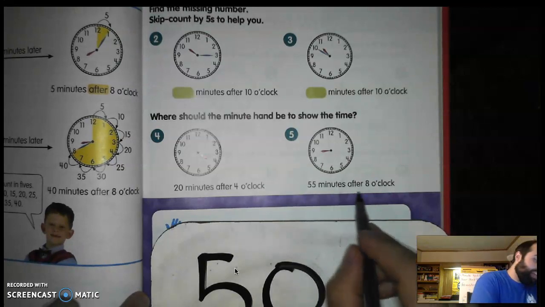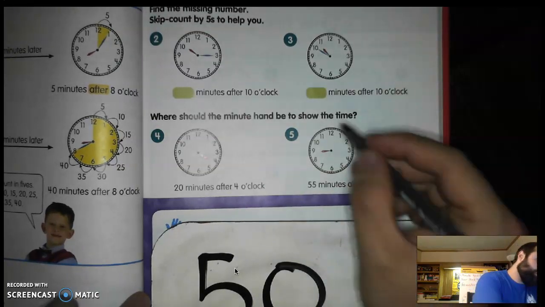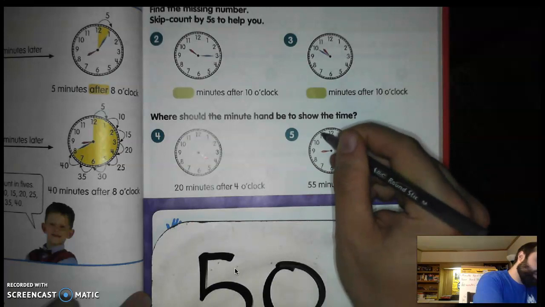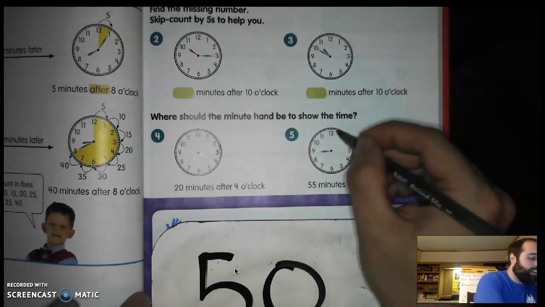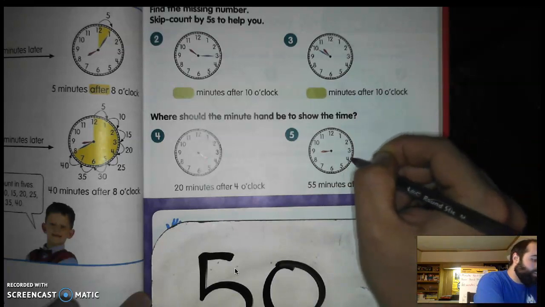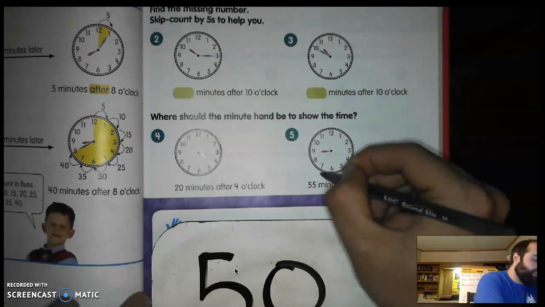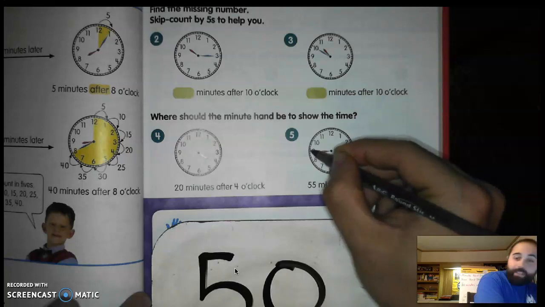And 55 minutes after 8 o'clock, we would be pointing up to the 11 because that's the 55 mark. And when you count around, you'll end up at the 11. 5, 10, 15, 20, 25, 30, 35, 40, 45, 50, 55.